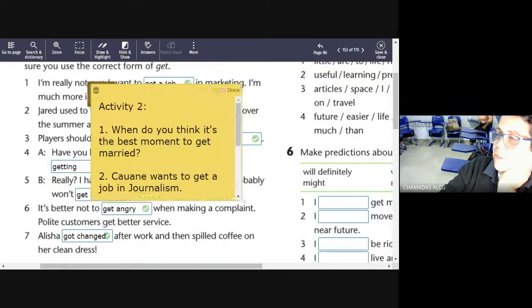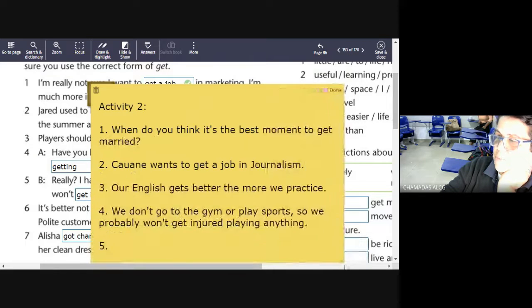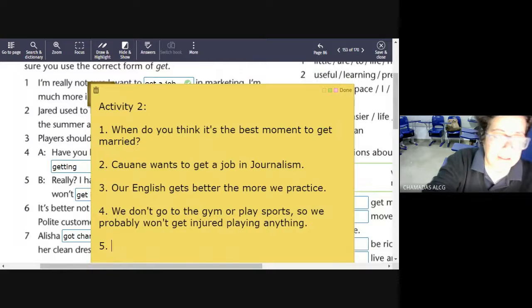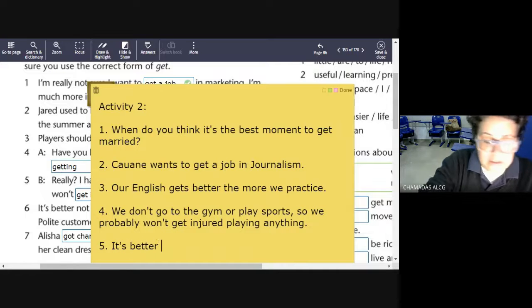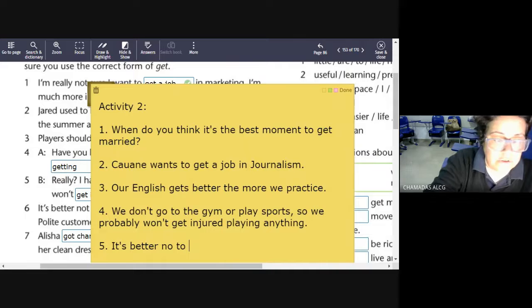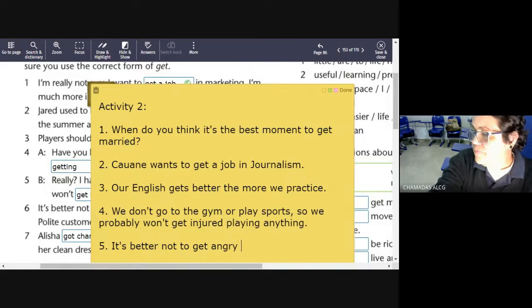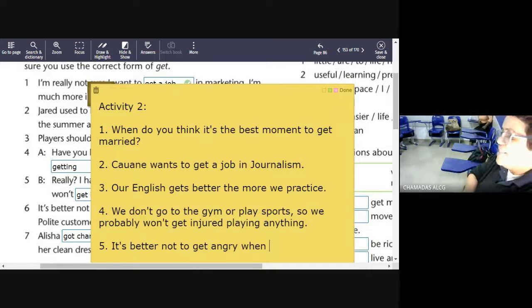So we could follow that example and say it's better not to get angry when, now complete the sentence. Let's see if we can have a different view. Try not to get angry when we face tough situations.